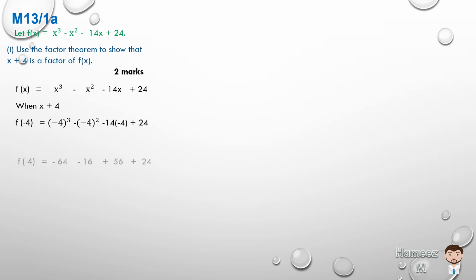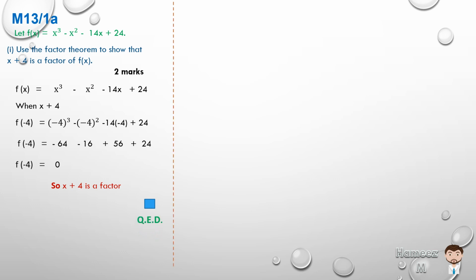That works out to be minus 64 minus 16, because minus 4 squared is 16, minus 14 times minus 4 is plus 56, plus 24, and that works out to be 0. Since the remainder works out to be 0, it means that x plus 4 is a factor. We have shown the proof, so we can draw that small rectangle or write QED to show that we have completed the proof.